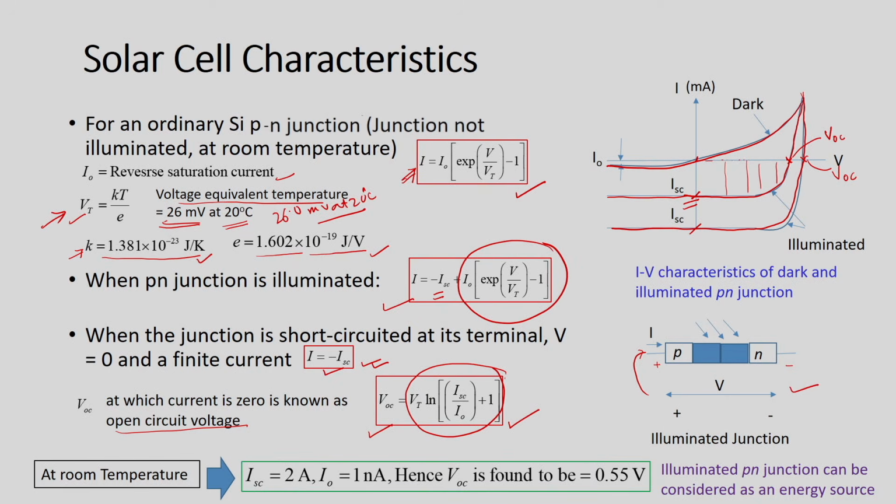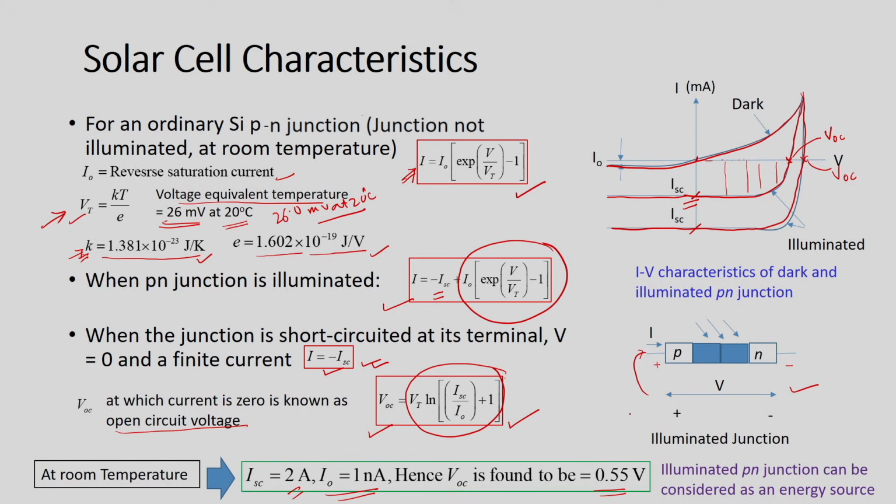At room temperature, for a silicon solar cell, ISC is about 2 ampere and I naught is about 1 nanoampere. If we substitute these values and use the Boltzmann constant and charge of an electron, VOC is found to be about 0.55 volt for a single crystal silicon solar cell.